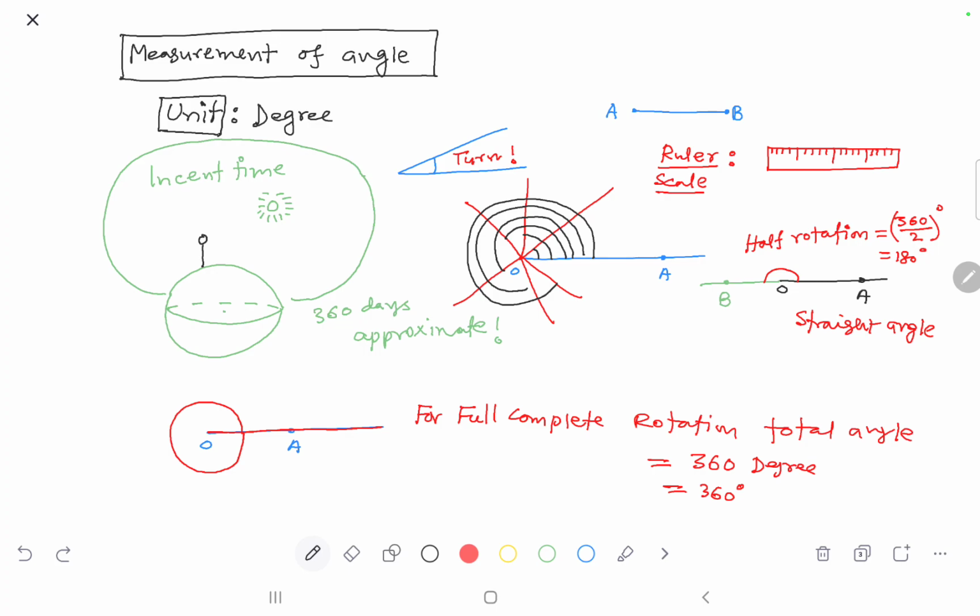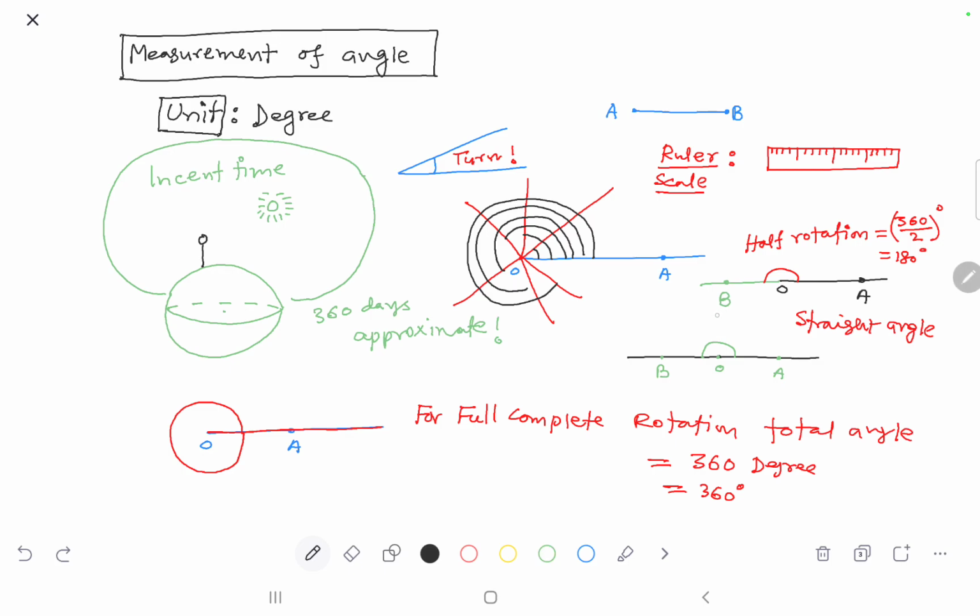Got it? So a 180 degree angle is nothing but a collection of two opposite rays sharing a common endpoint. Normally its measure is taken as 180 degrees. Okay, Muhammad?